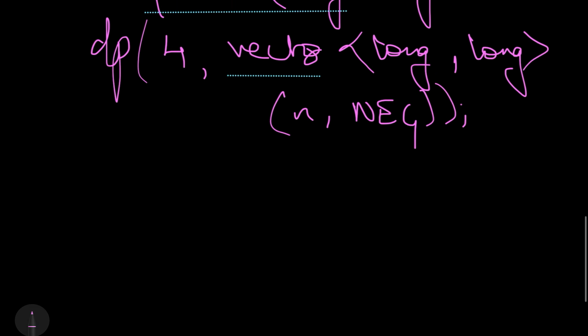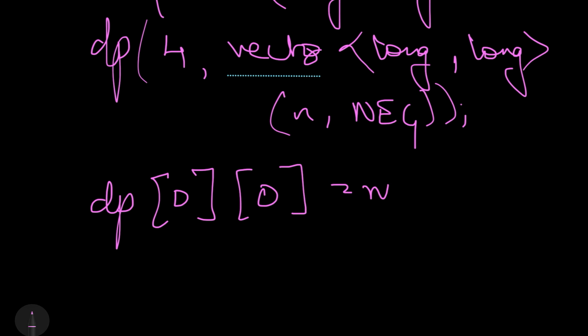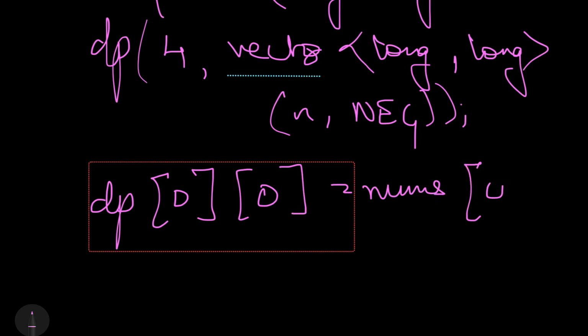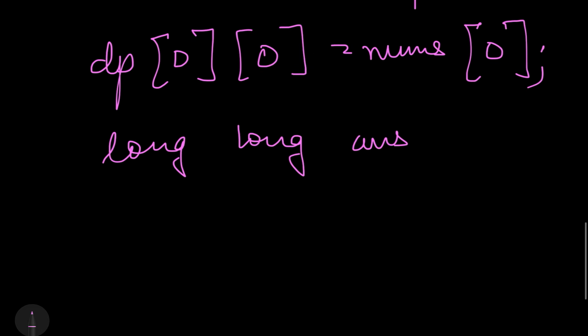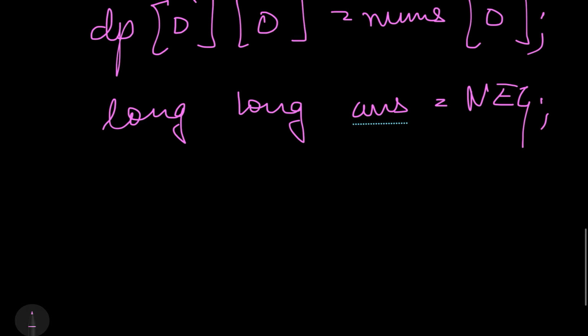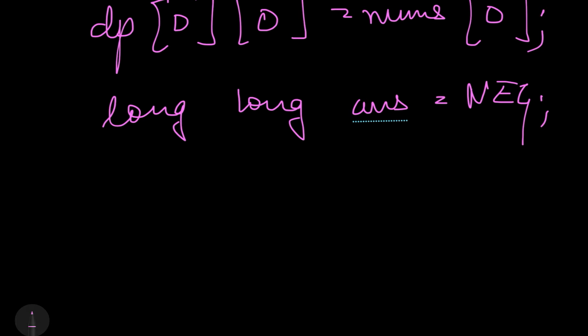Then we'll initialize its first element with the first element of nums. That would be our base. Again, we'll take a variable to store our answer, and initially set our answer to a negative, infinitely small value.